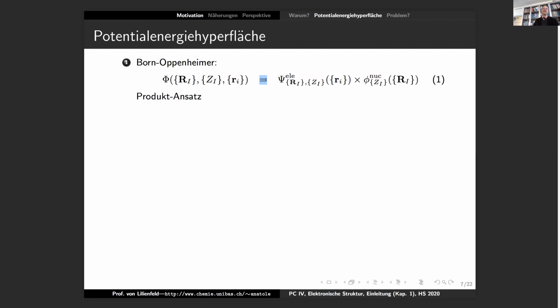Now, in this electronic ground state, we then write this full wave function simply as a product of an electronic wave function, which only depends on the electronic degrees of freedom, and a nuclear wave function, which only depends on the coordinates. So the Born-Oppenheimer approximation is really a product ansatz, where you separate the degrees of freedom of the underlying elementary particles, okay?